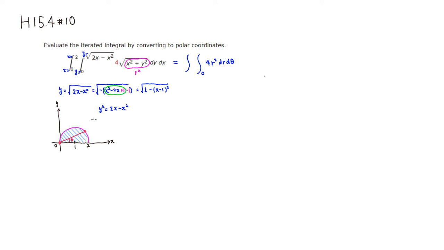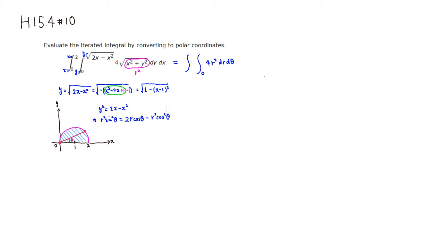And then I'm going to turn it into polar coordinates. So y is r sine of theta, so you have r squared sine squared of theta, which is equal to 2 times x, which is r cosine of theta, minus x squared, which would be r squared cosine squared of theta.